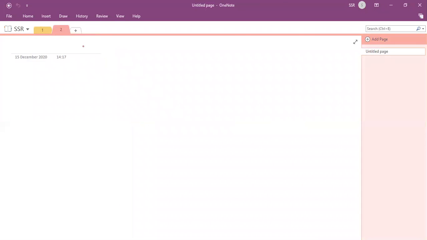Here again, once again, you can write Bernoulli's theorem. What is Bernoulli's theorem stating? Actually, Bernoulli's theorem is based on the conservation of energy principle only.